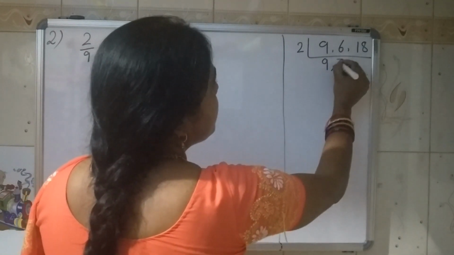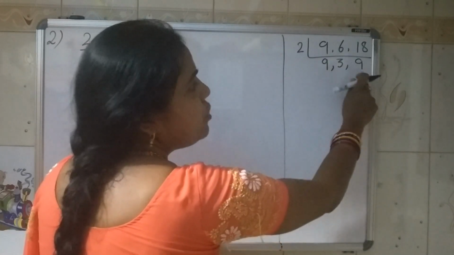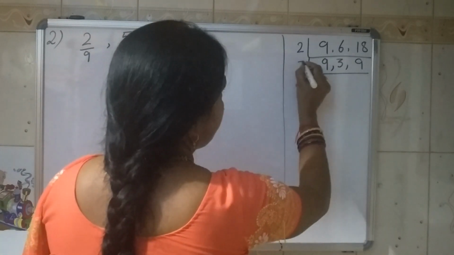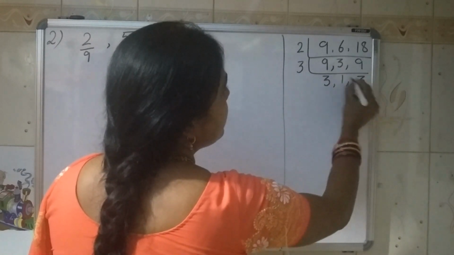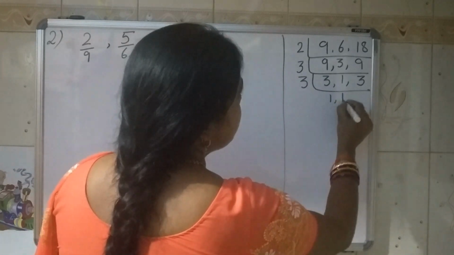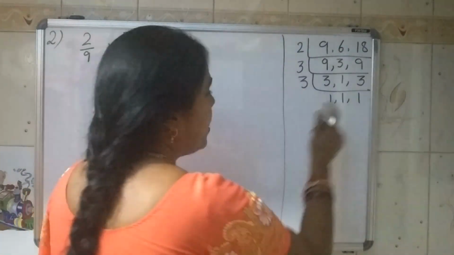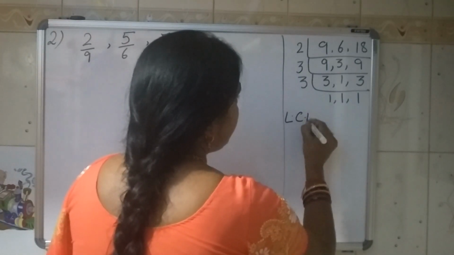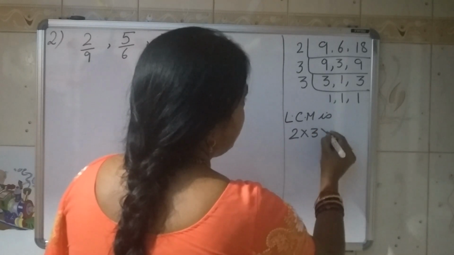Then 2 3s are 6 and 2 9s are 18. Now these are divisible by 3. 3 3s are 9, 3 1s are 3 and 3 3s are 9. Again by 3, 3 1s are 3, 3 1s are 3 and 3 1s are 3. So we will divide till the time we get 1. Now LCM is 2 multiplied by 3 multiplied by 3.